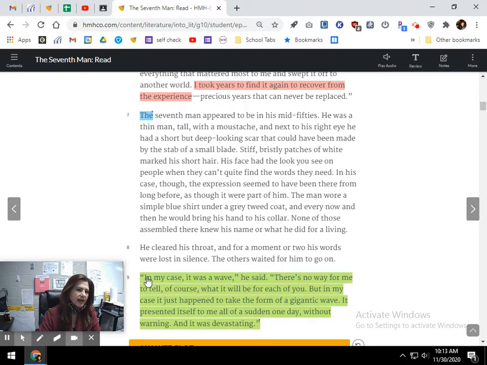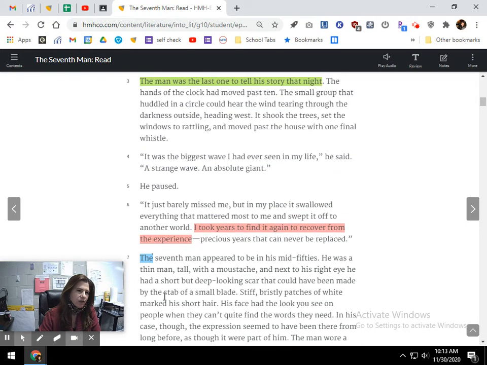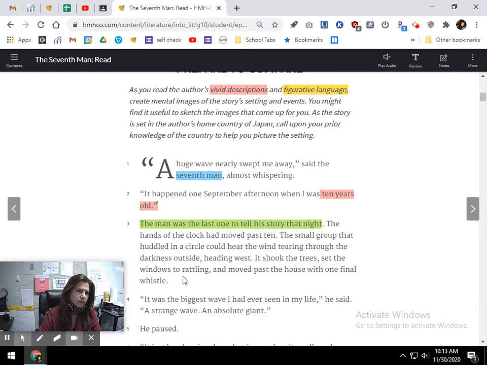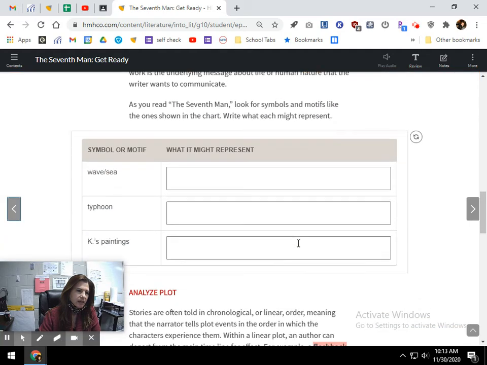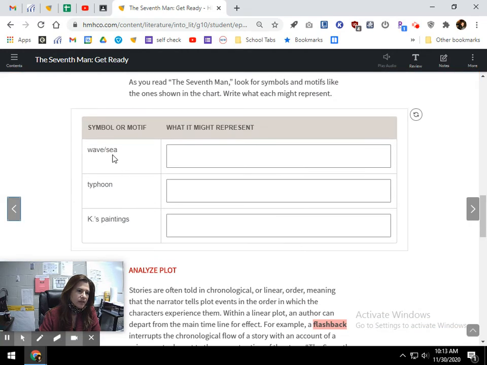So the reason I highlighted this paragraph right here is this was the first time that I thought to myself, I wonder if this is a real wave. He starts with, a huge wave nearly swept me away. It happened one September afternoon when I was 10 years old. But if I look back to my Get Ready page, it asks me what the wave or the sea might represent.